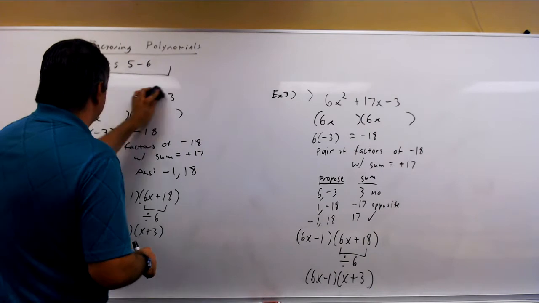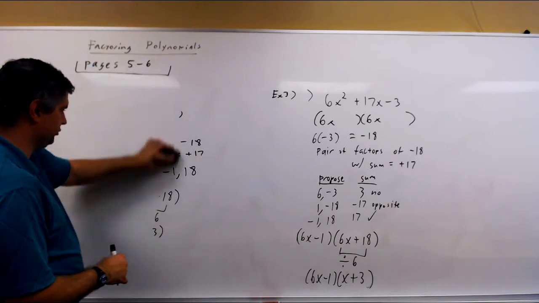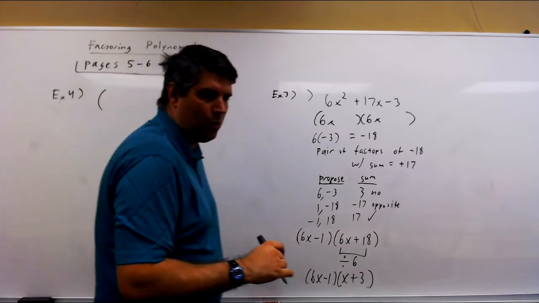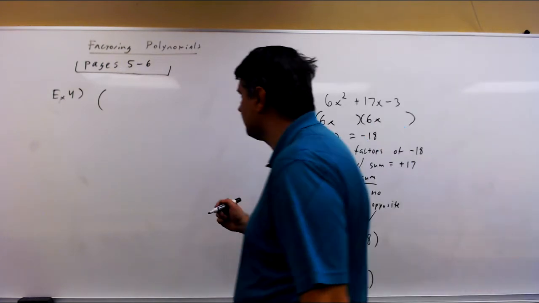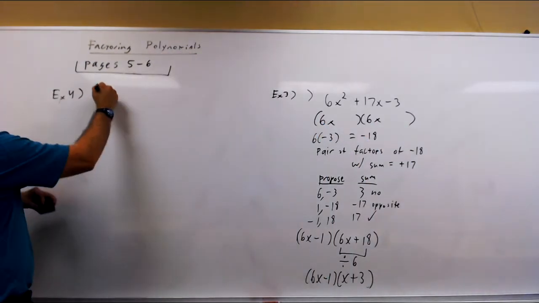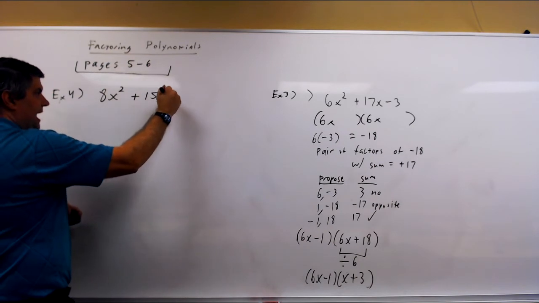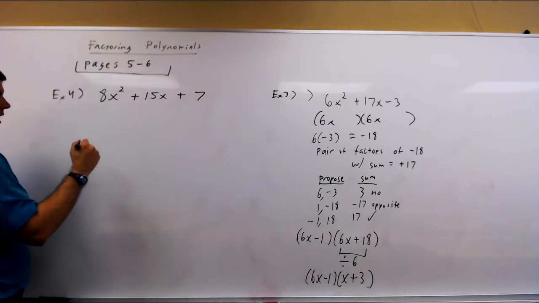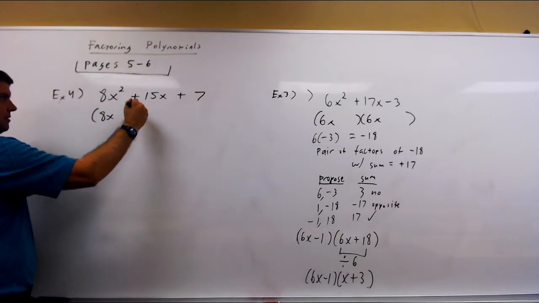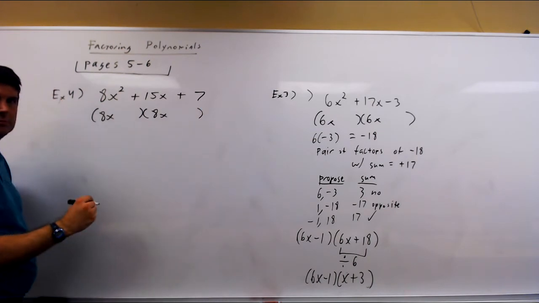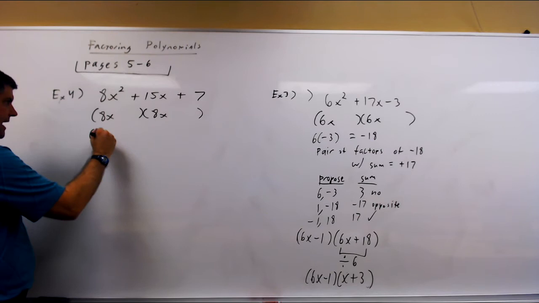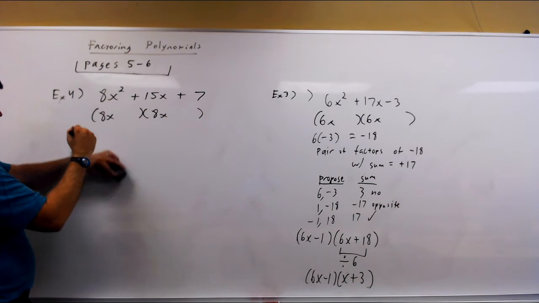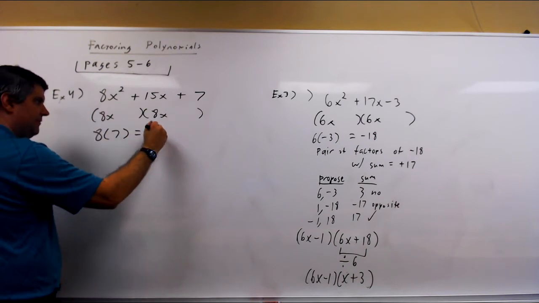All right. Example 4. We will have 8x squared plus 15x plus 7. All right, so we have 8x and 8x, and then I'll take 8 times 7, and I get 56.